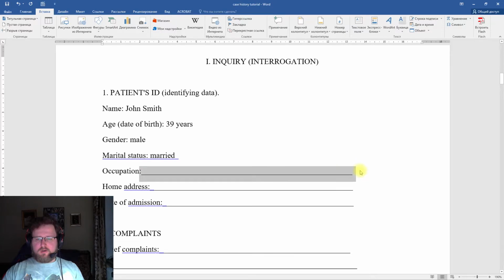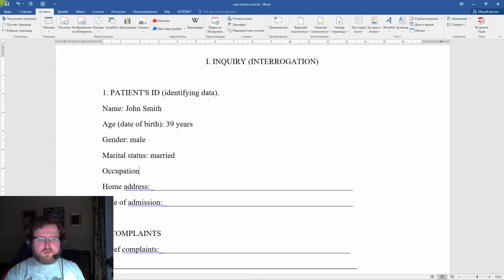Next, occupation. Why is occupation so important? Well, because, for example, if you are dealing with a narcotic problem, some criminal problem, or social problem, you will have to fill in some information for the police, for someone who will inform his employer, the executive of his job, that he has this or that disease.